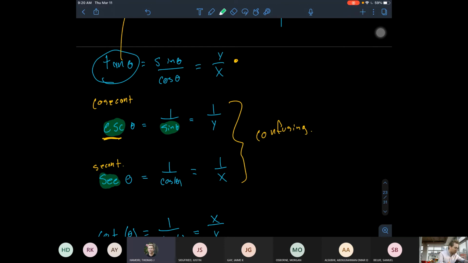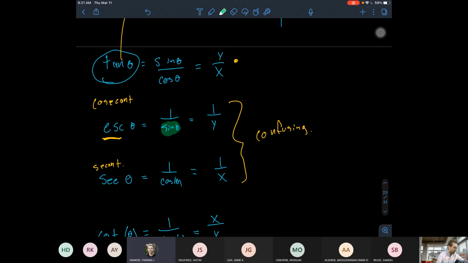So you can imagine why that's confusing, because the cosecant does not go with the cosine. Cosecant goes with sine theta, so it's 1 over sine theta. I always remember these because they're the opposite of what I think they should be. I would imagine cosecant would go with cosine, but I know it should be the opposite of what I think, so it goes with sine.